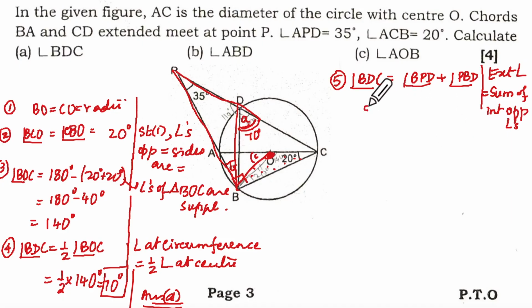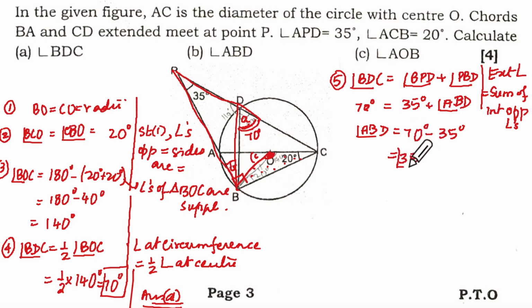So BDC is 70 degrees is equal to 35 degrees plus angle PBD, I'll write as ABD, and angle ABD will be 70 degrees minus 35 degrees, which is equal to 35 degrees. Okay, this is your answer B.